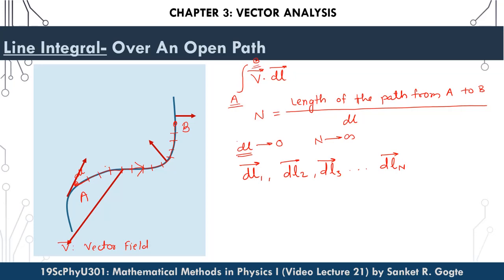These arrows here suggest the vectors at each of the points along the path, and then we consider this dot product V1, which is the vector field at the first point, dot dl1, which is the line segment at that point, plus then we consider the second dot product v2, which is the vector at the second point dotted with dl2 vector, which is the line segment at that point along the given path.